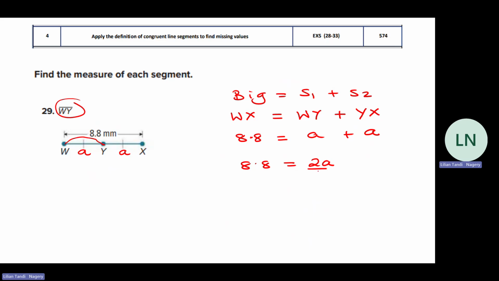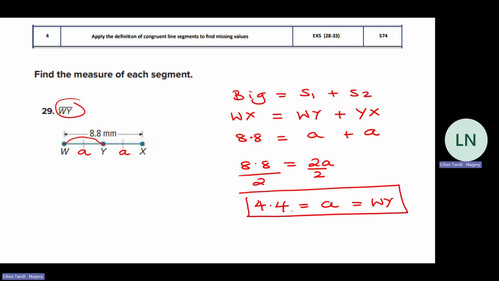I want A, so I will divide both sides by 2. I will get 4 and 4/10 equals A. Now, what do I want? WY, and WY is the same as A. So WY is 4 and 4/10, and I box my answer, and I make sure to write my units, which is millimeters. Okay?